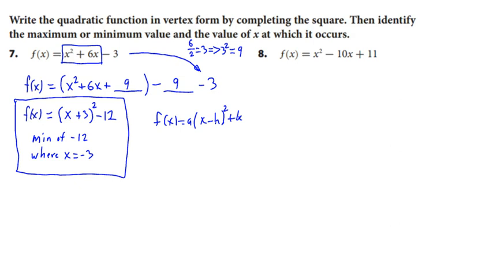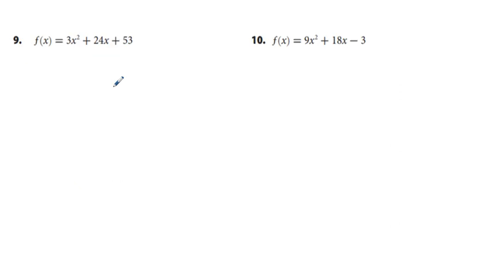Okay, let's go on to next on problem 9. We have f of x equals 3x squared plus 24x plus 53. And so with 3x squared, we have some additional complexity that we didn't have before. What we're going to do is factor out a 3 from 3x squared and also from 24x.